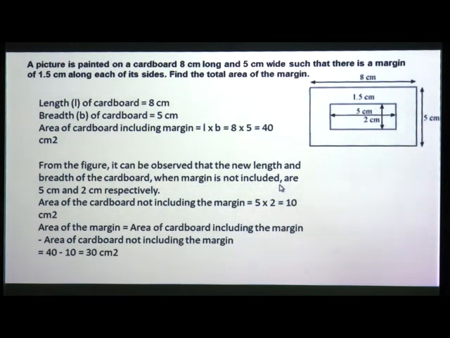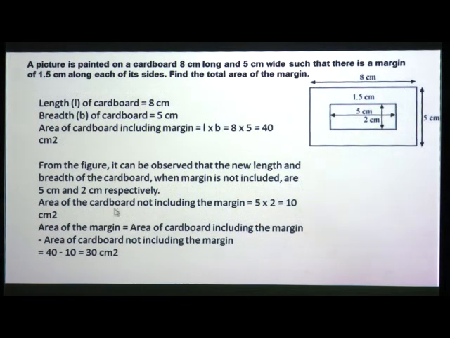Here in the first step we had included the margin, but now we are not going to include the margin. So, not included are 5 centimeter and 2 centimeter respectively.